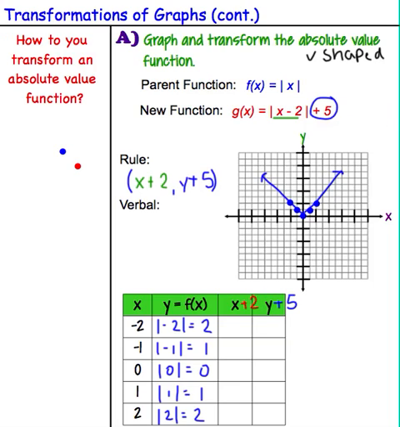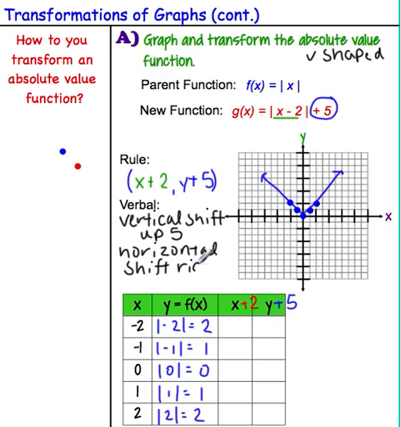So before we finish out the chart and graph, let's go ahead and write the verbal. And what we want to write is a vertical shift up 5 and a horizontal shift right 2.